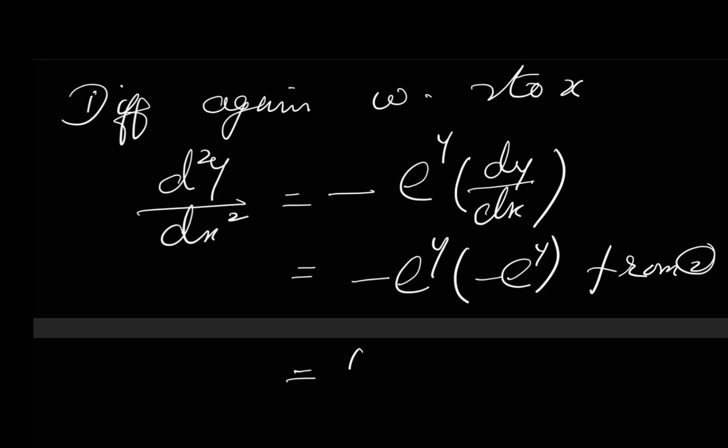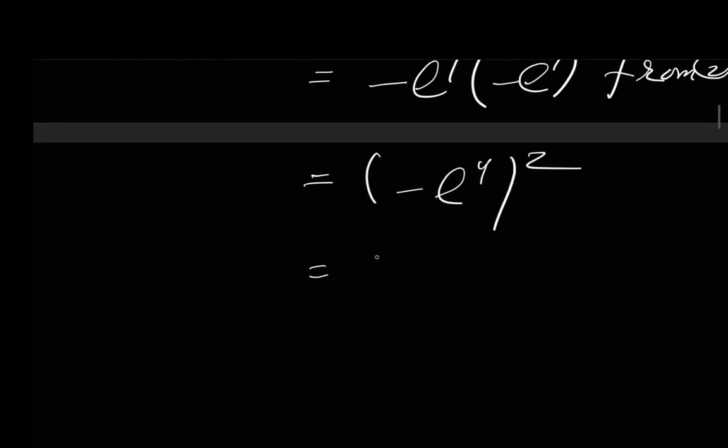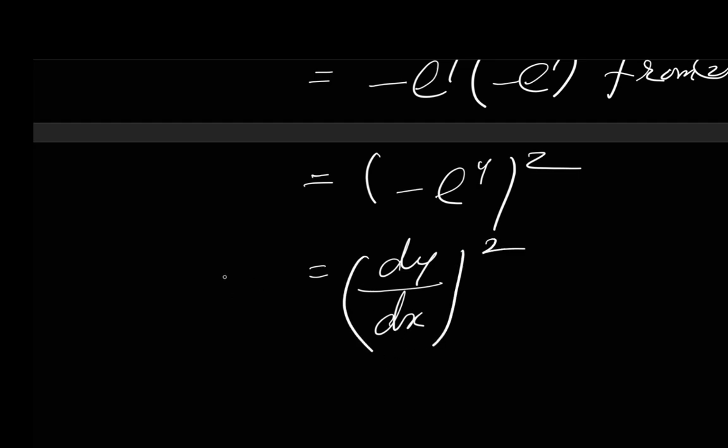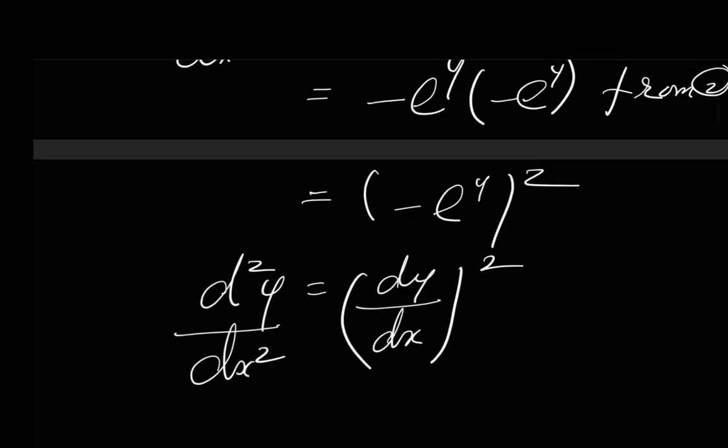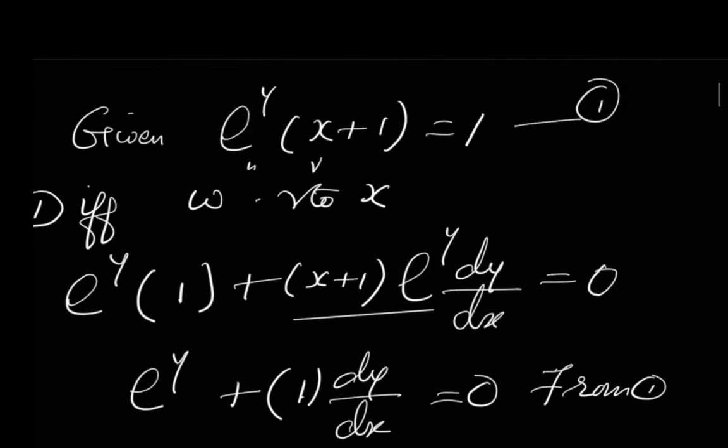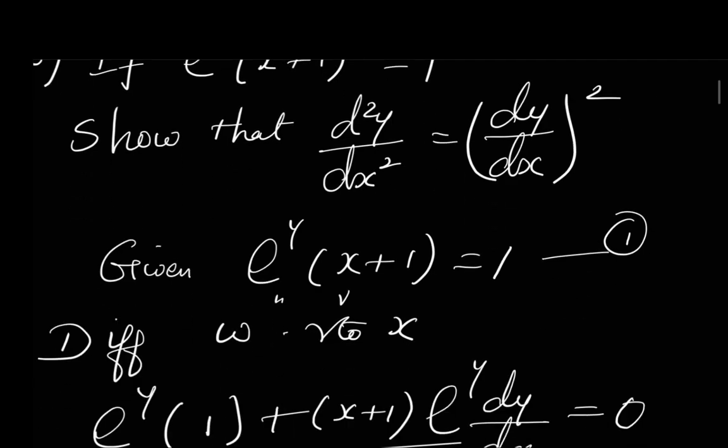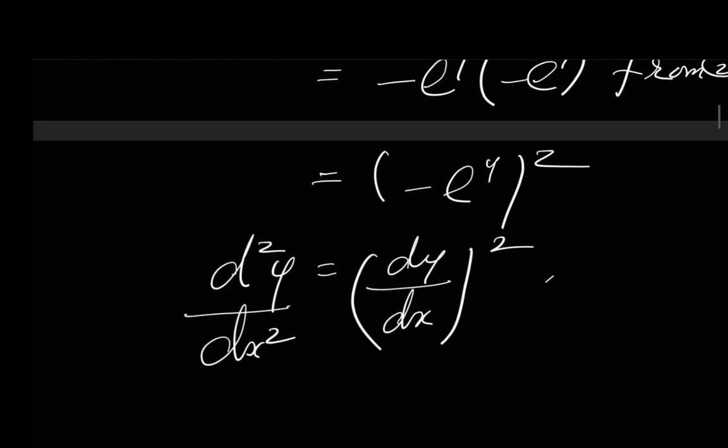So, what I do? Minus e power y the whole squared. What is minus e power y? That is our dy by dx. So, dy by dx the whole squared. So, left side d squared y by dx squared is equal to dy by dx the whole squared. Proved.